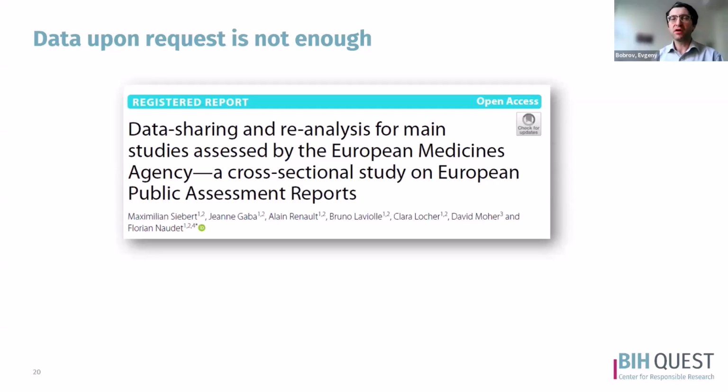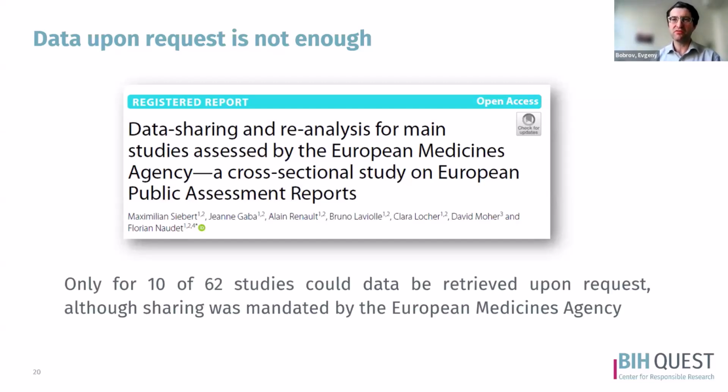And one particular thing that has been or is being discussed a lot in our community of open data sharing is that in many journals it is quite common to find a statement that data are available upon request. And this is something that is unfortunately not really working.